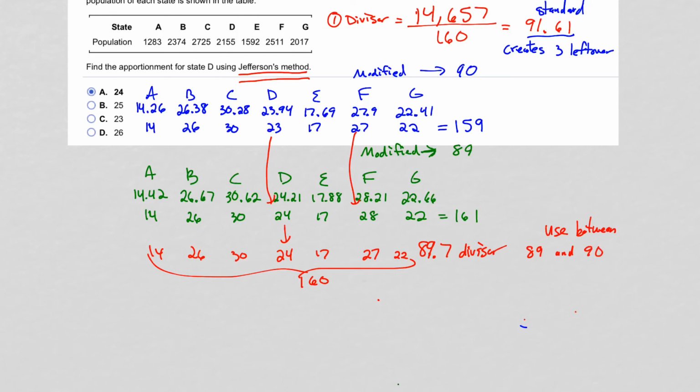So I'll let you know that it's going to be in between there, and that way you're not digging around too much like we're doing here. So that's Jefferson's method. Unfortunately, you have to play around until there are no leftovers.